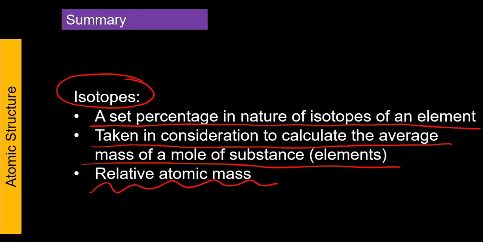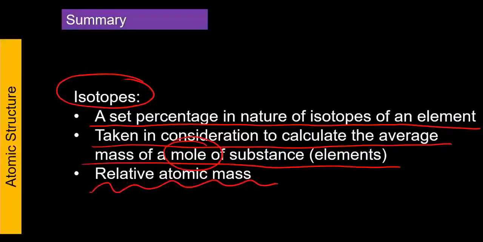That percentage of isotope is taken into consideration. We calculate the mass, and then we add them all together and we divide by the number of isotopes that we have.